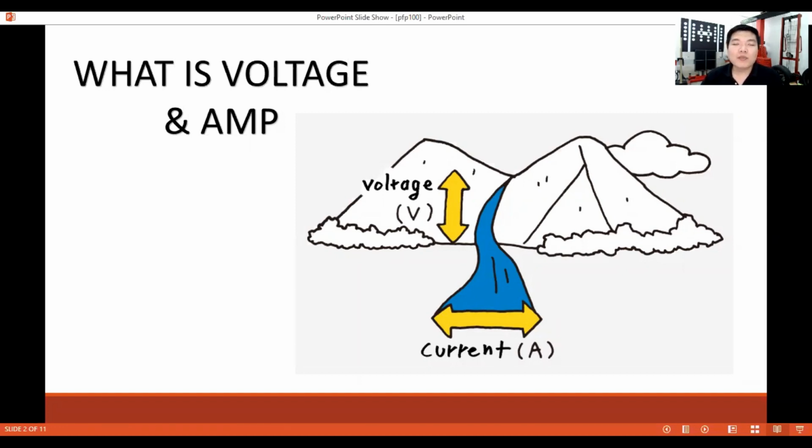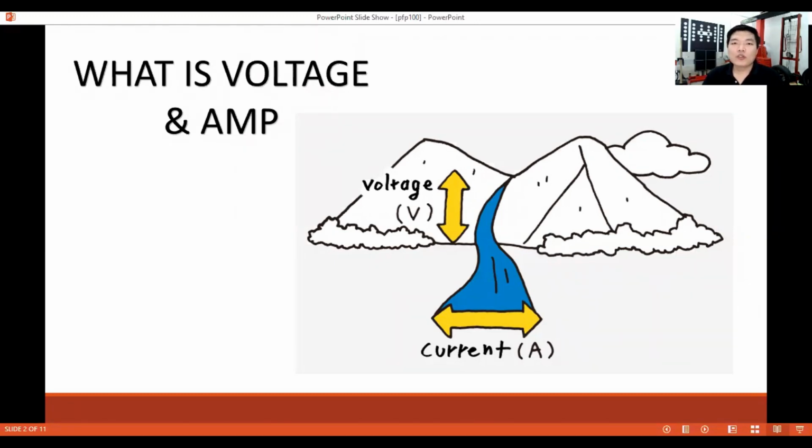Many people only know about voltage because they don't mention the ampere. Voltage is actually the pressure, for this battery 12 volts, and then the current is how much flows to the car. So this is very important.